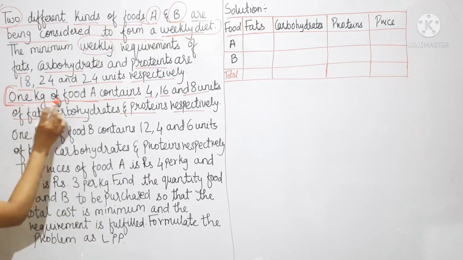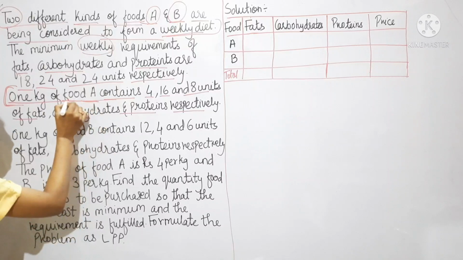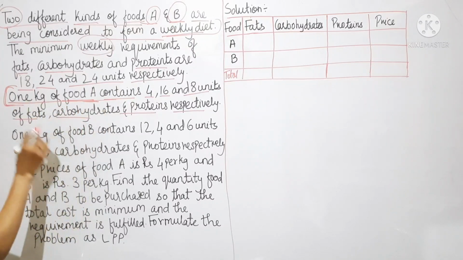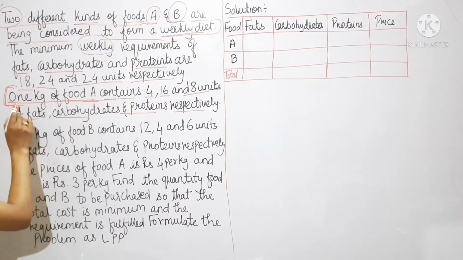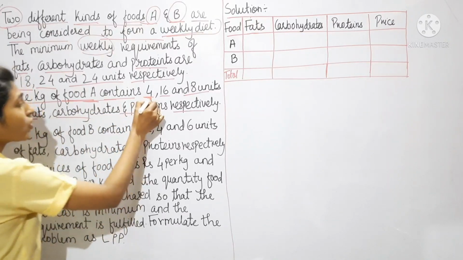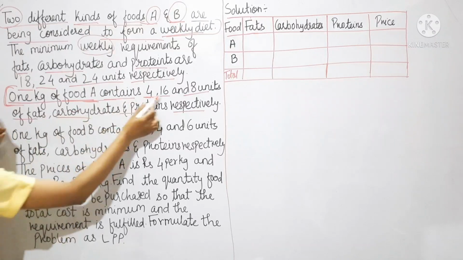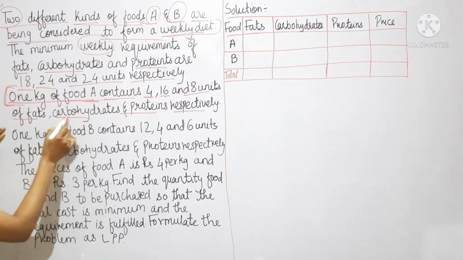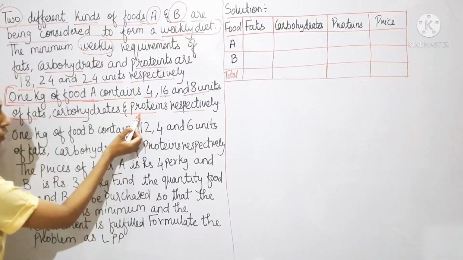So 1 kg of food A. So first food is what? Food A. So per 1 kg of food A, it contains 4 units of fats, 16 units of carbohydrates, 8 units of proteins.